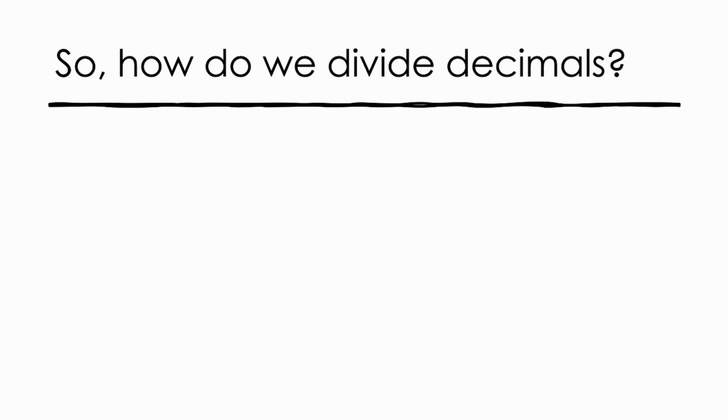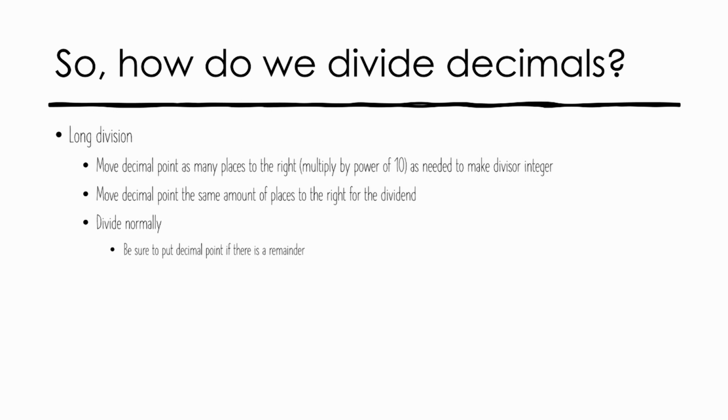So, how do we divide decimals? We use long division. And in my opinion, long division is the best way, the most concrete way you can divide decimals. So what we do is we move the decimal point as many places to the right by multiplying by a power of 10 to make the divisor an integer and not a decimal.